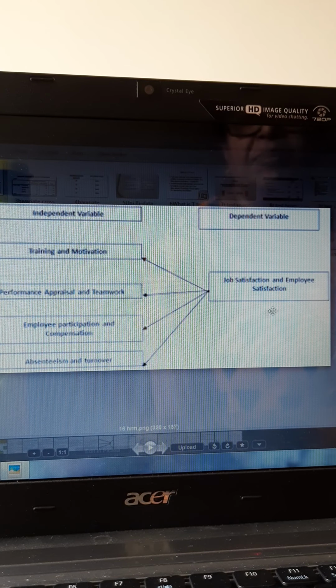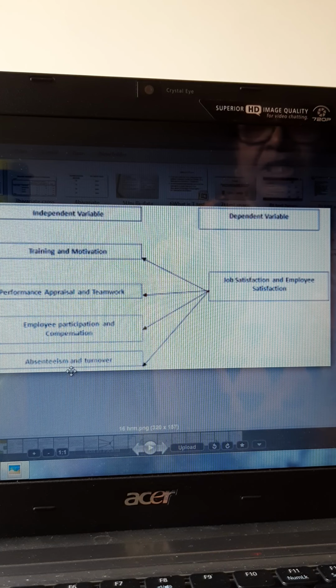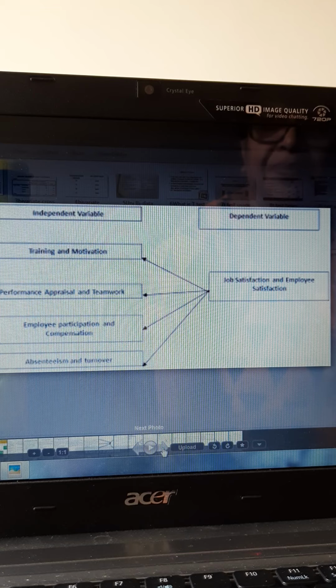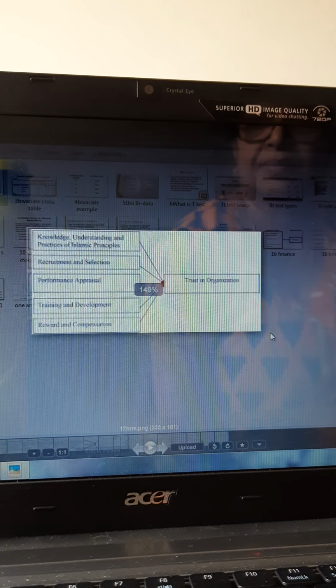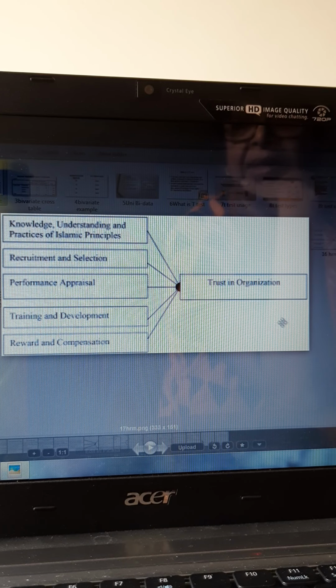Another example, job satisfaction of employees is dependent on training and motivation, performance, employee participation, okay, absenteeism and turnover. Trust in organization is dependent on knowledge, structure, understanding, recruitment, performance appraisal.